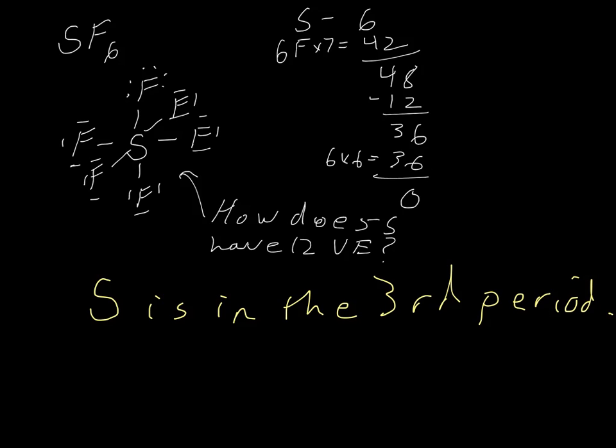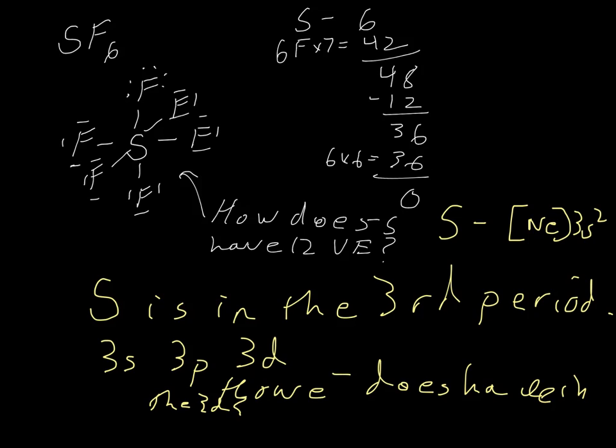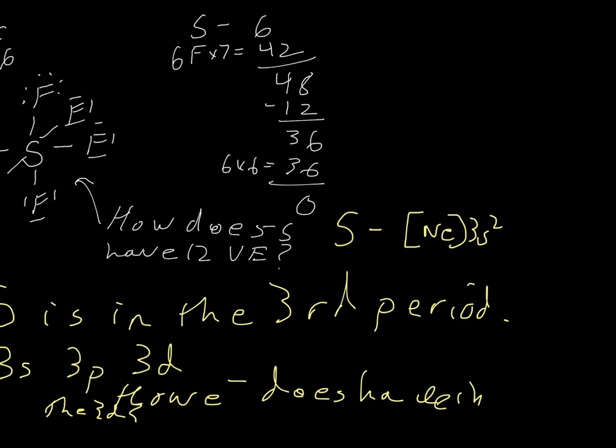So the sulfur valence shell has a 3s, a 3p, and a 3d. How many electrons does sulfur have in the 3d? None, right? If you wrote the electron configuration for sulfur, you'd say sulfur is neon 3s2, 3p4, right?